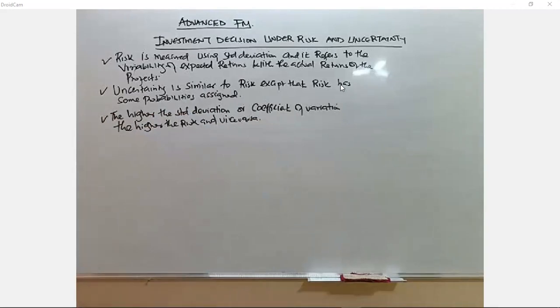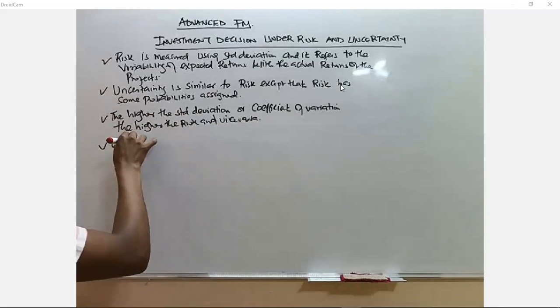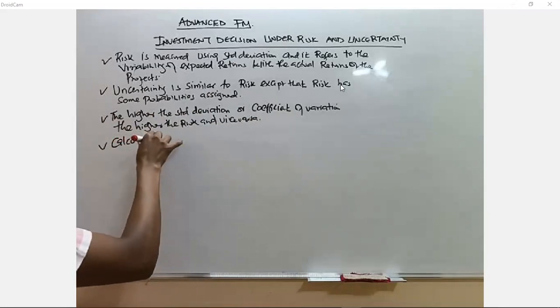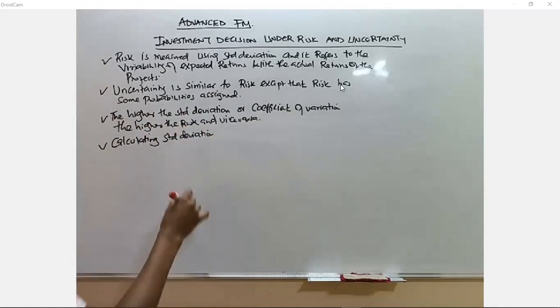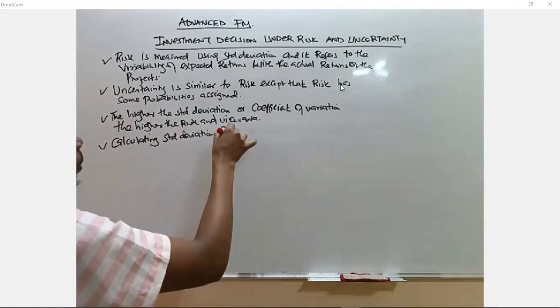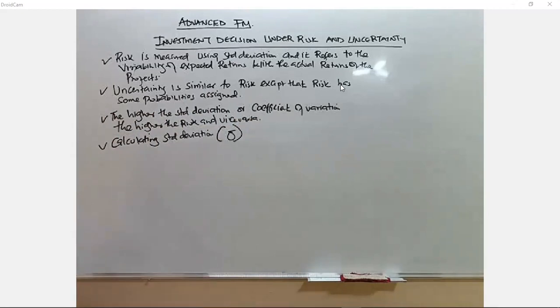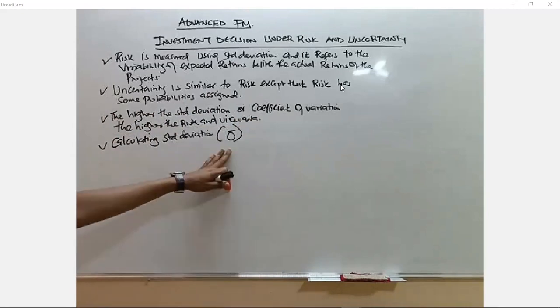So the biggest question is, how do we normally calculate the standard deviation? By the way, it is normally written like this. That is our standard deviation, this is the symbol which means the standard deviation.